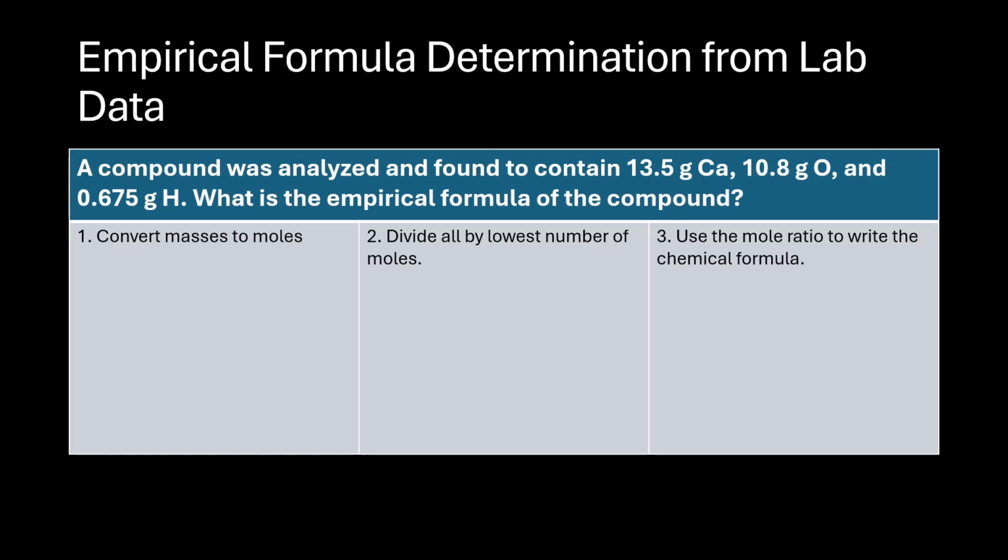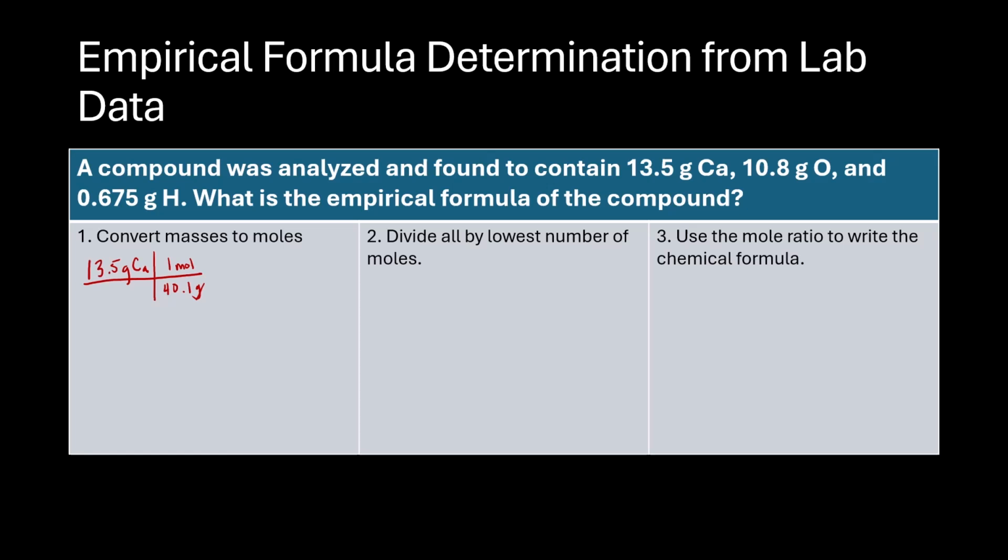The first thing you do is start with what you know. Let's start with calcium first because it's listed first. We know that we have 13.5 grams of calcium, and then we do our bracket. Grams is on the top, so we're going to have grams on the bottom. If you look at your periodic table, the molar mass of calcium is 40.1 grams for every 1 mole.